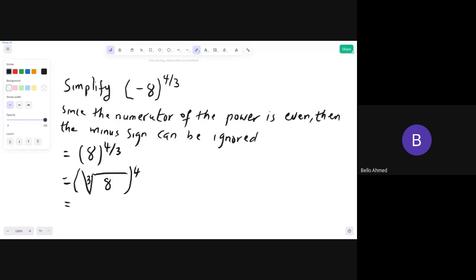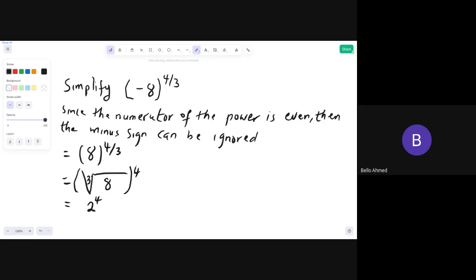So here, the question is, what is the cube root of 8? That is, what is the number that will multiply itself 3 times to give us 8? Because it is cube root. The number that is going to multiply itself 3 times to give us 8 is actually 2. So we write 2. Then because we have power of 4 there, we have raised to the power of 4.